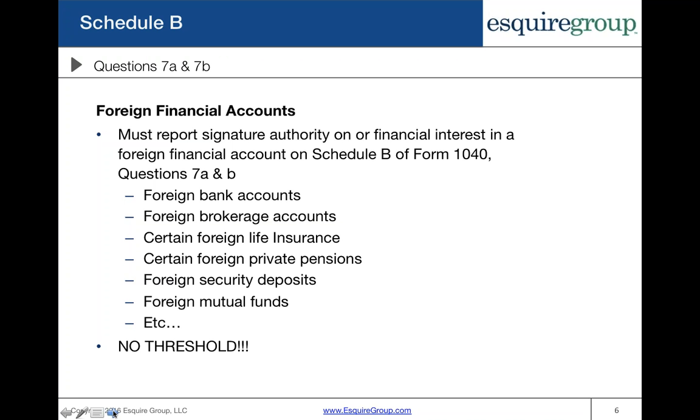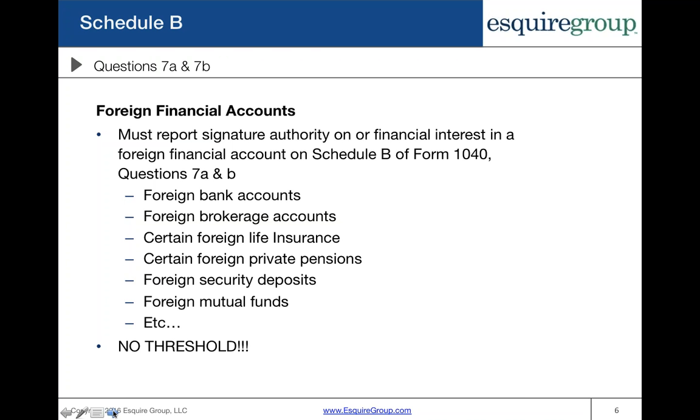So you could have €5 in a French bank account and no other foreign financial accounts. You have to file Schedule B and you have to check yes to question 7A. Question 7B is simply a listing of the country or countries in which those foreign financial accounts exist. Now, on Schedule B, there's nowhere for you to list the balances of these foreign financial accounts or anything like that.